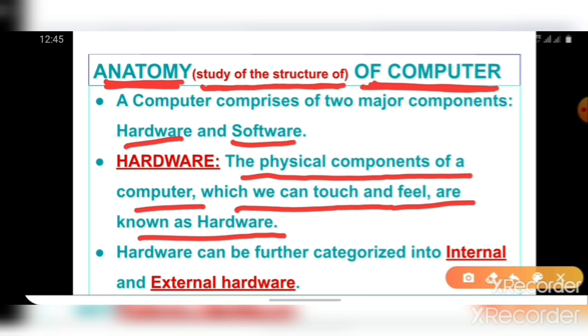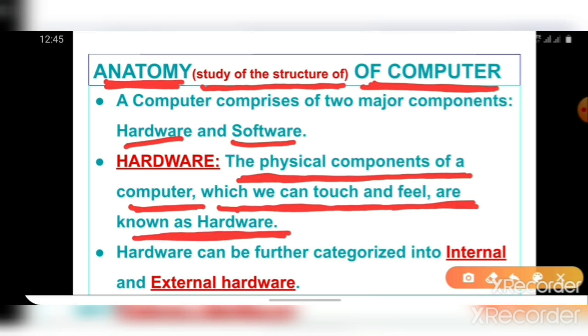Students, we have already gone through this definition of hardware. Let's go through it once again. The physical components of a computer which we can touch and feel are known as hardware.